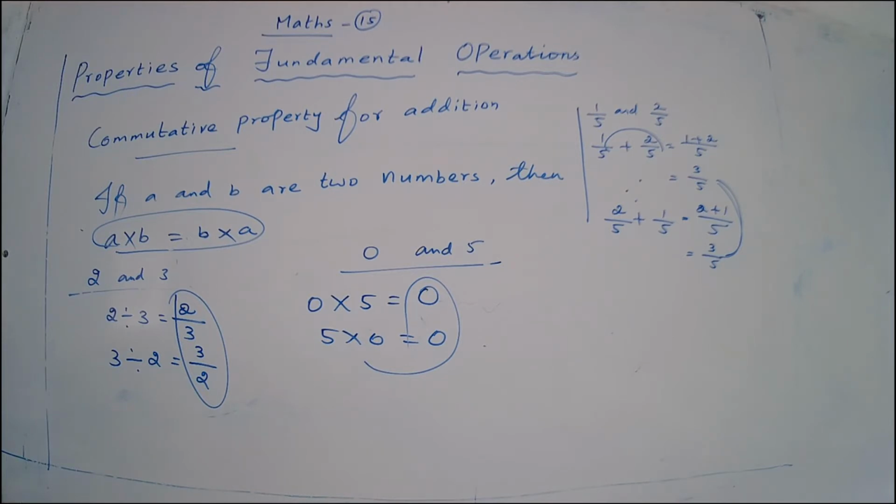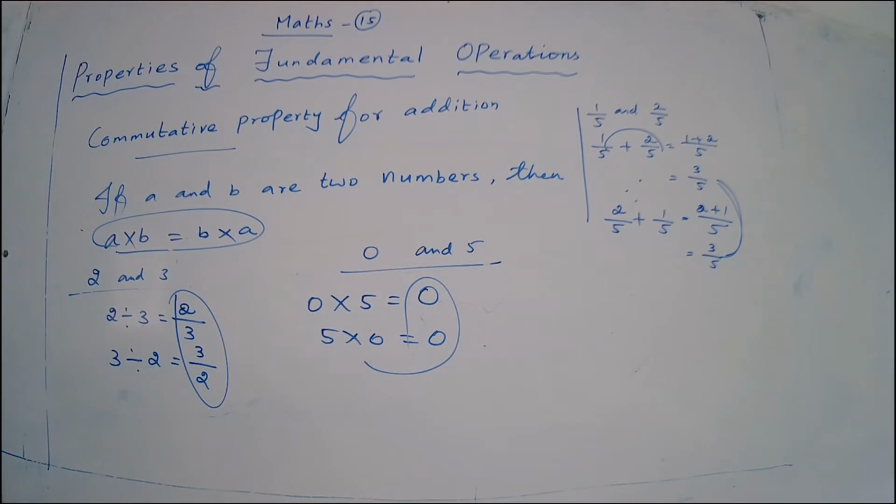It's very important. The commutative property for addition of numbers means if A and B are two numbers, then A plus B is equal to B plus A. Okay children? Underline the line.